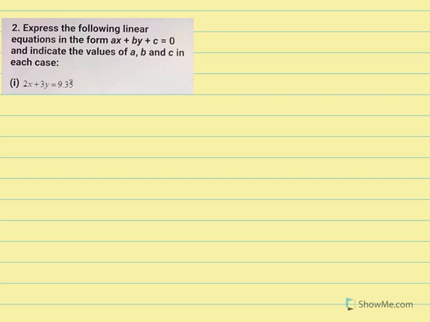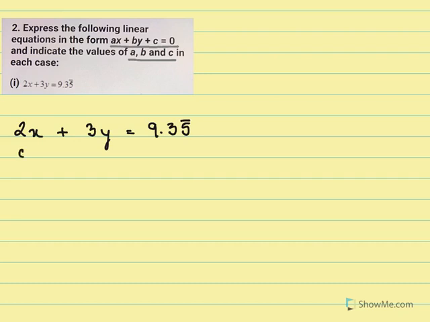Express the following linear equation in the form of AX plus BY plus C equal to 0 and indicate the values of A, B and C. So this is the equation given to us, 2x plus 3y equal to 9.35 bar. We got to represent it as AX plus BY plus C. So here we know 2x plus 3y equal to 9.35 repeat.